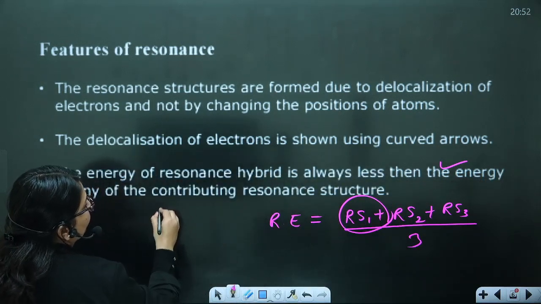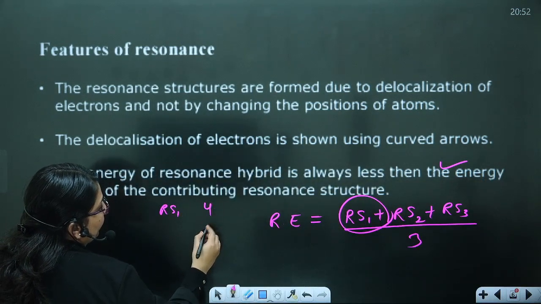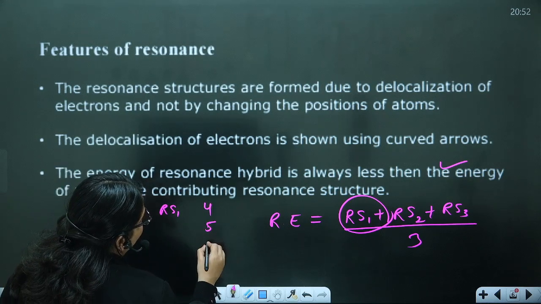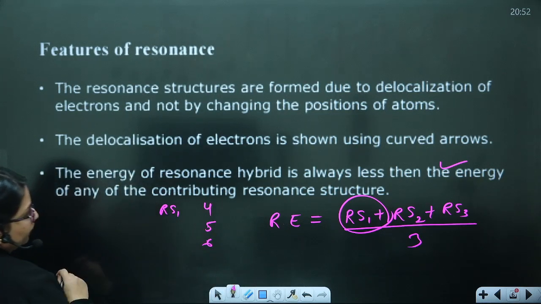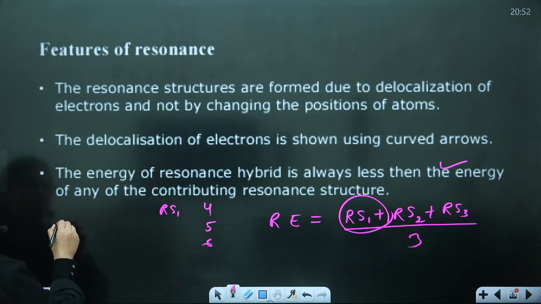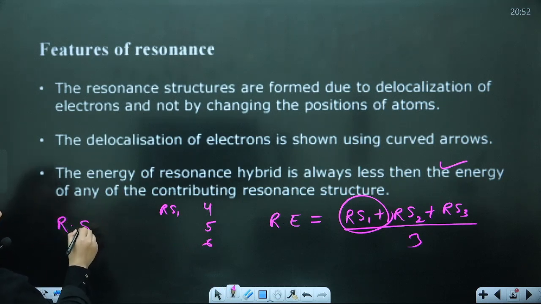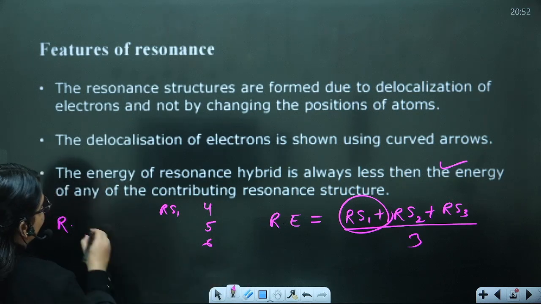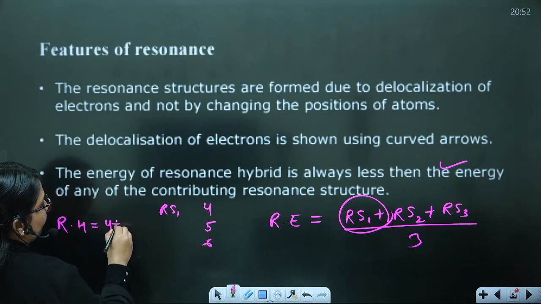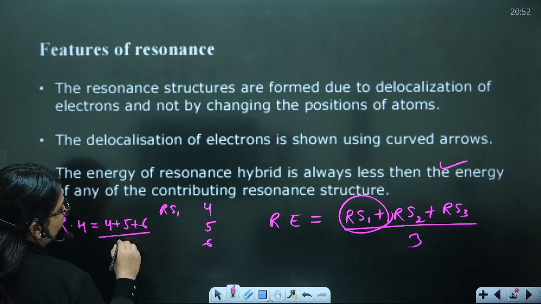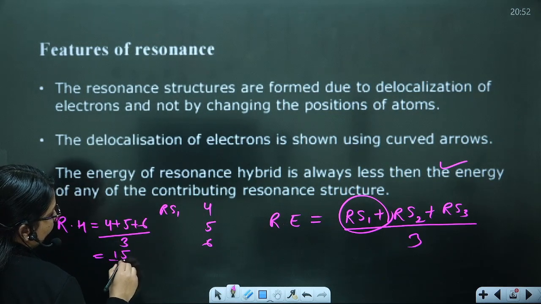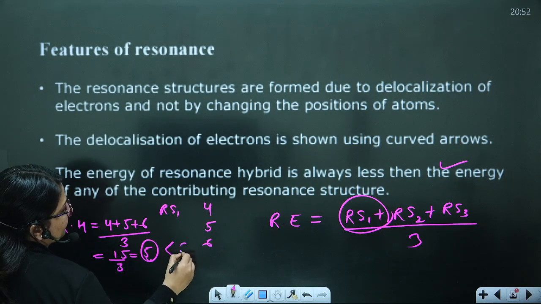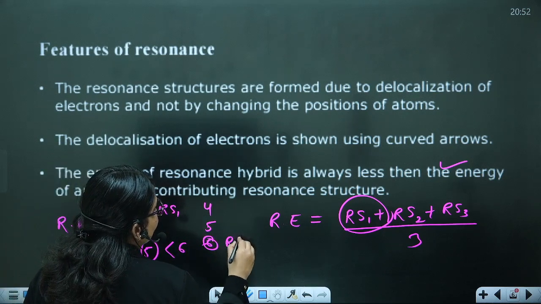Let's take an example. If the first resonating structure's energy is 4, next is having 5, and next is having 6, okay, the energy of resonance hybrid will be 4 plus 5 plus 6 divided by 3, that is 15 by 3, which is 5, and it is less than 6, which was the energy of resonating structure 3.